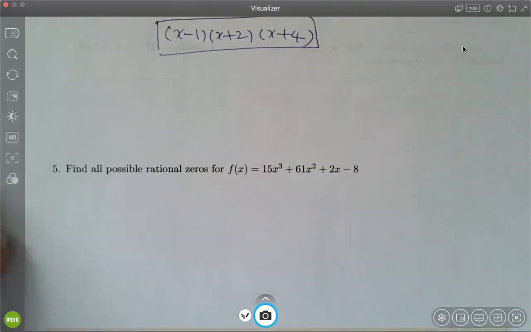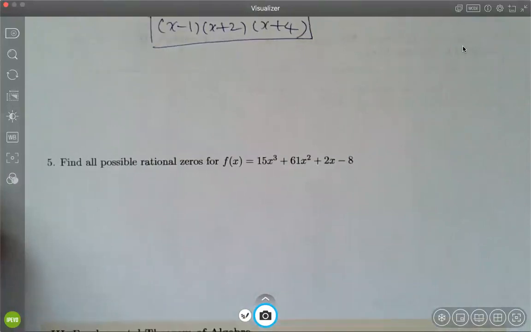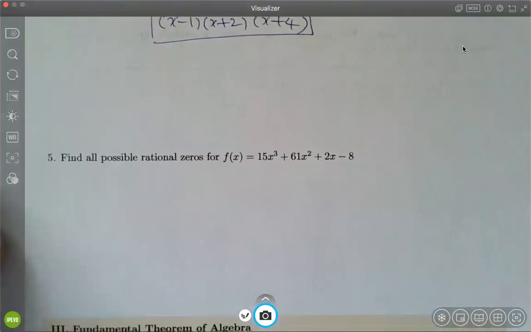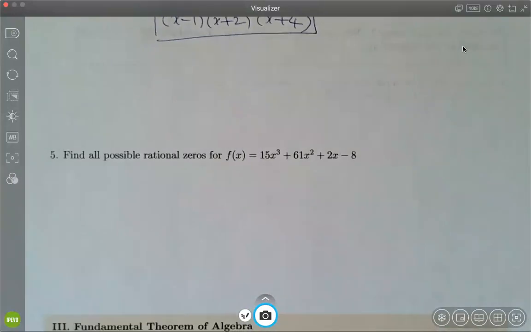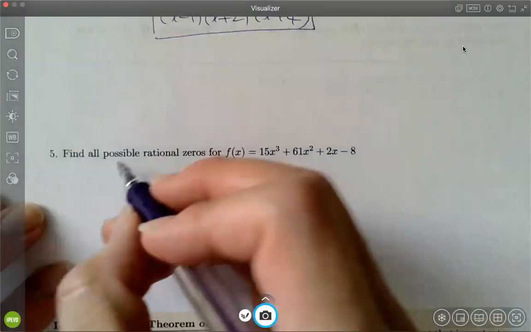Find all possible rational zeros for f of x, which is 15x cubed plus 61x squared plus 2x minus 8. Now notice that here I only said find all possible rational zeros, not the actual ones, and you'll see why. To find all possible rational zeros, what do we need to find?